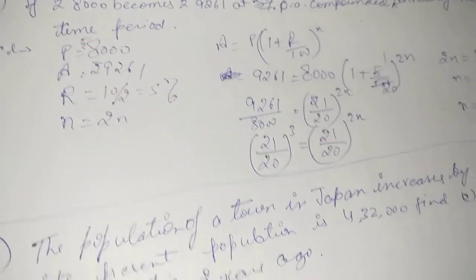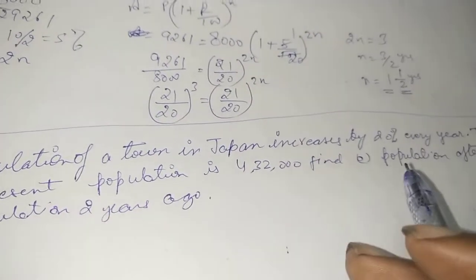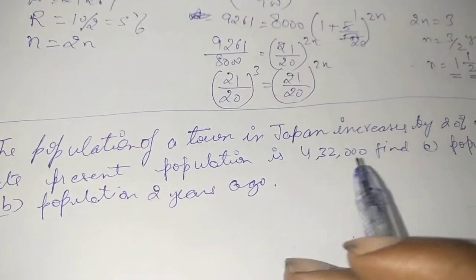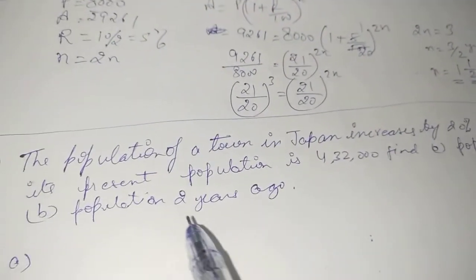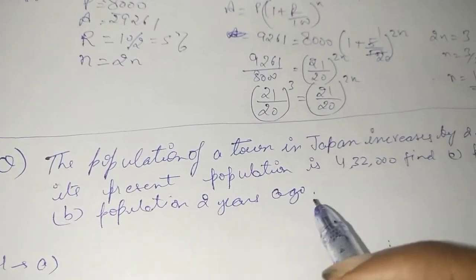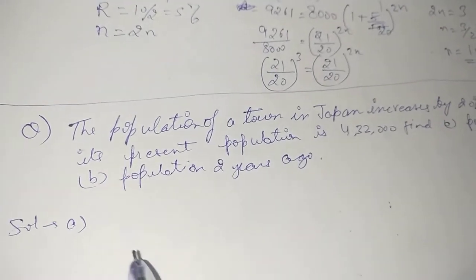Let's take up another question in which the population of a town in Japan increases by 2% every year. If its present population is 4,32,000, find the population after 2 years and the population 2 years ago. For this, I'll tell you a very simple thing, keep it in mind.